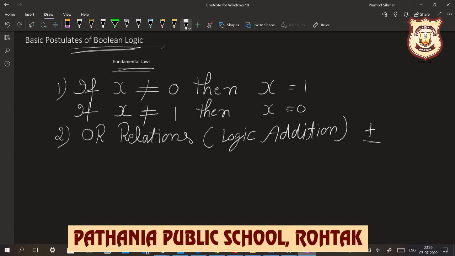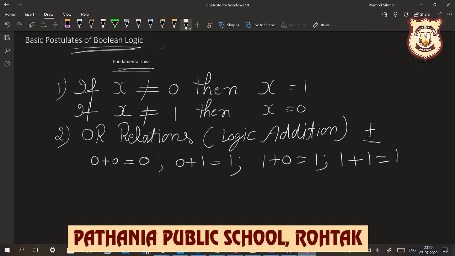So here 0 plus 0 is equal to 0, 0 plus 1 is always 1, 1 plus 0 is equal to 1, and 1 plus 1 is always 1.